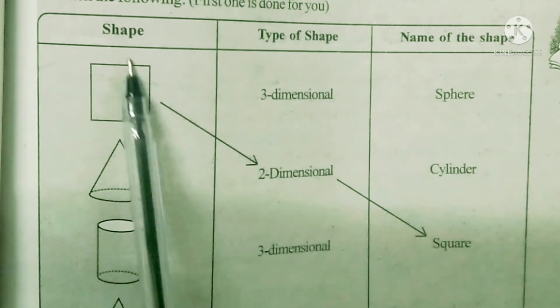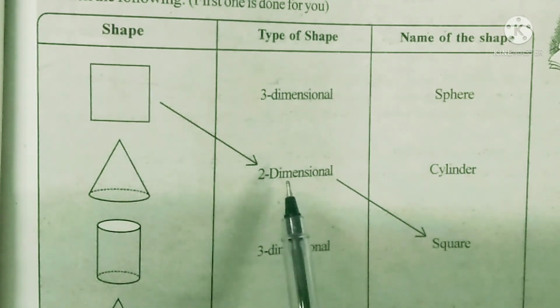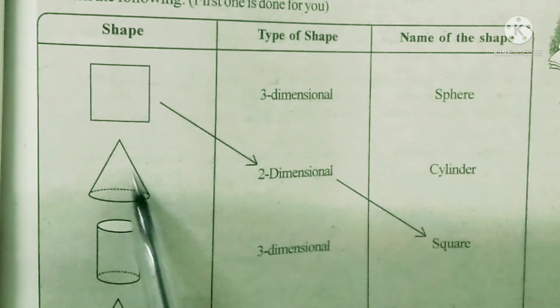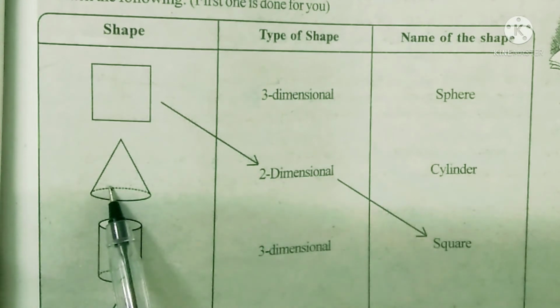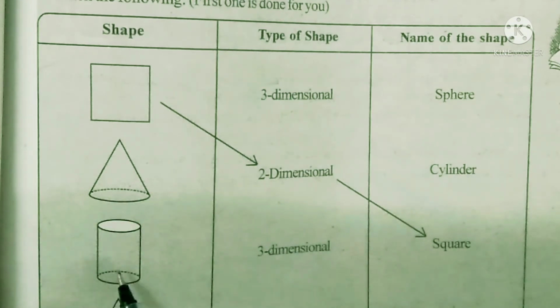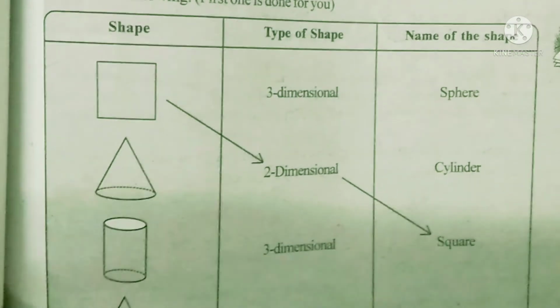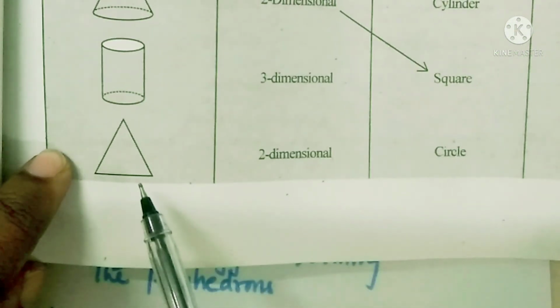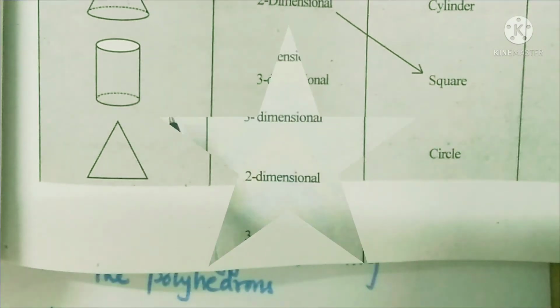A square has length and breadth. So it is a two-dimensional figure. And this is a cone. Cone is a three-dimensional figure. Again, this is a cylinder, that is also a three-dimensional figure. But this is a rectangle, which is a two-dimensional figure.